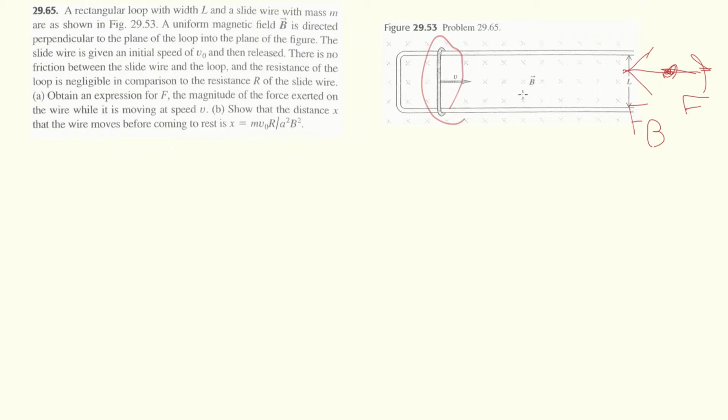That force is going to be the same as F_B, which is going to be BIL. If you look at the text of the problem, they start to call it A all of a sudden. The answer at the end is in A, but it should be L, because that's what's in the picture.